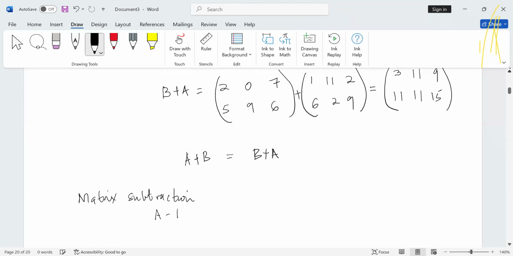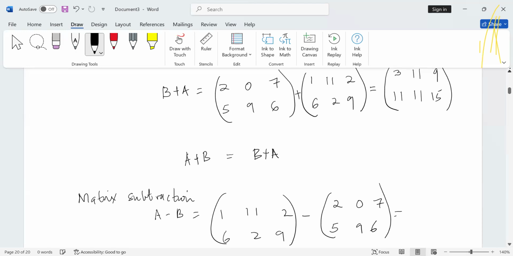A minus B with 1, 11, 2. One minus 2, what is 1 minus 2?